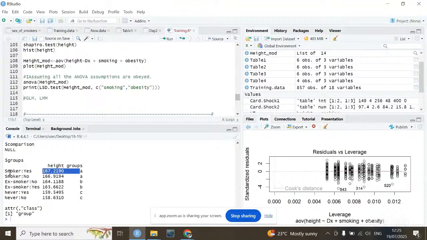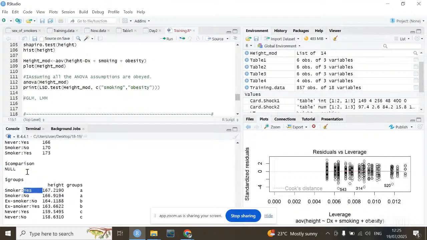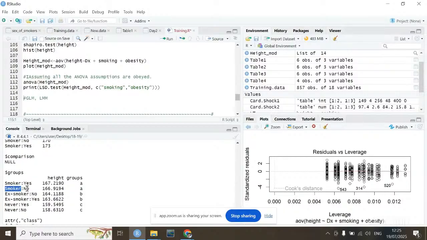You have the people who smoke, the height that is not significantly different from non-smokers. These are the people who smoke but are obese, but their height is not different from the people who smoke but are not obese.